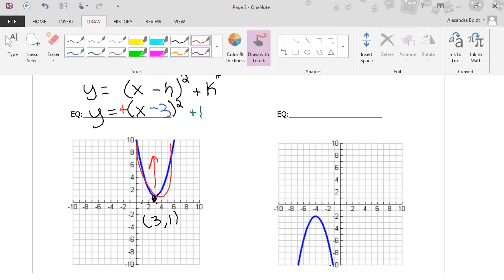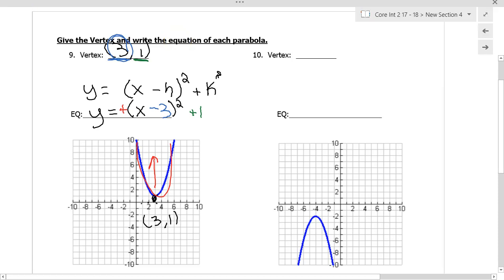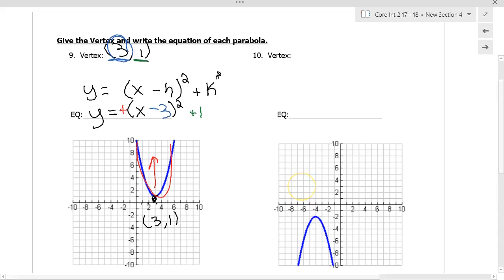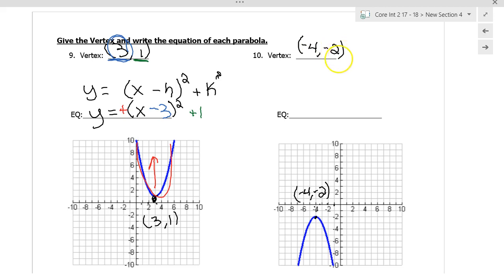Looking at our second example here, there's my vertex. This point is 1, 2, 3, 4 left and 1, 2 down. My vertex is at negative 4, negative 2. I look at my equation just like this.